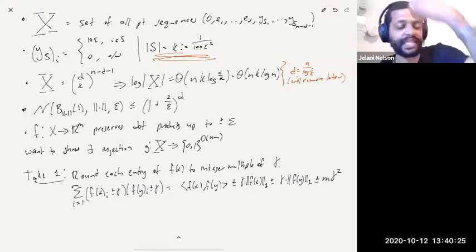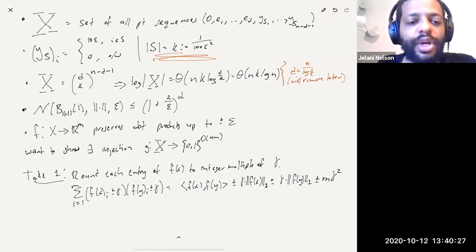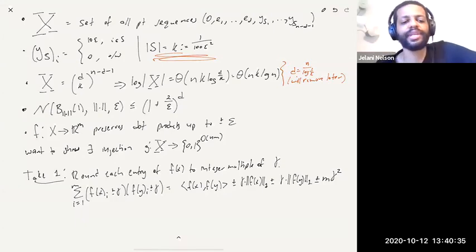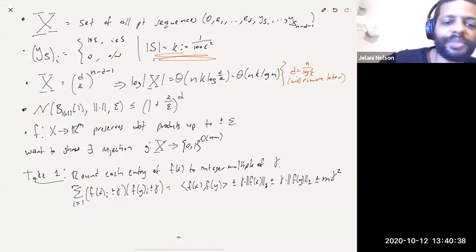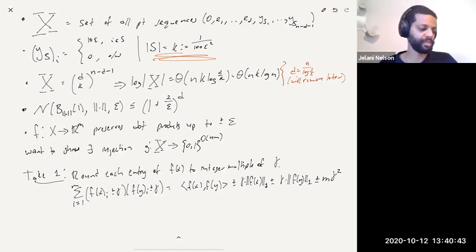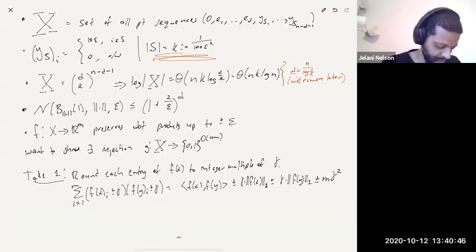And if f embeds into dimension m, I want to show that the fact that such an f exists for every point set in this collection means that there exists an injection from this collection of point sets into bit strings of length nm, which implies, of course, that nm is omega log the size of script X, which is omega nk log n.